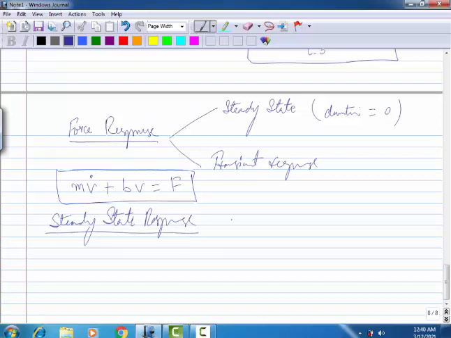I have to put v dot equal to 0. So this implies that we have B v_ss equal to f naught, because the input is represented by a step input. Here v_ss, ss means steady state. So the steady state response is equal to f naught divided by B. And this is the steady state response.